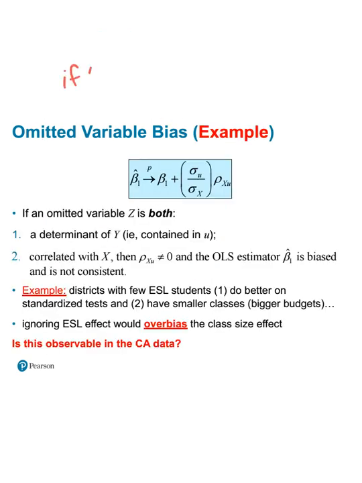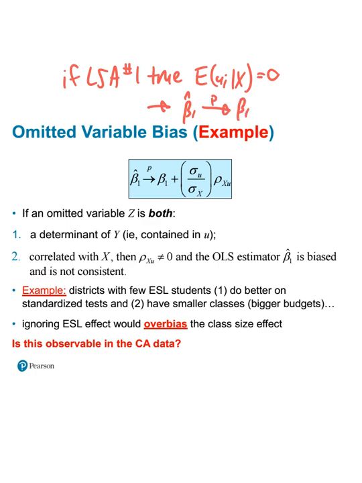Right, so if least squares assumption number 1 was true, again, E of u given x is equal to 0, there's no correlation between those two, then it would be true that beta 1 hat, our estimate for beta 1, would indeed approach in probability beta 1, which means we have an unbiased estimator, which is the greatest thing in the world.